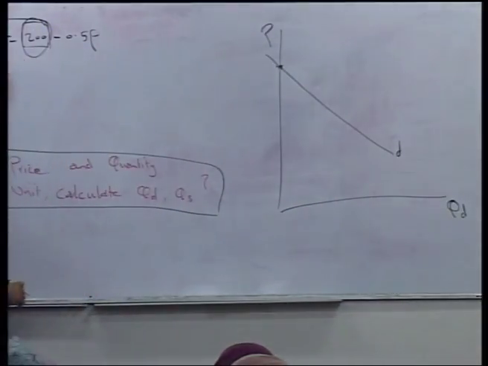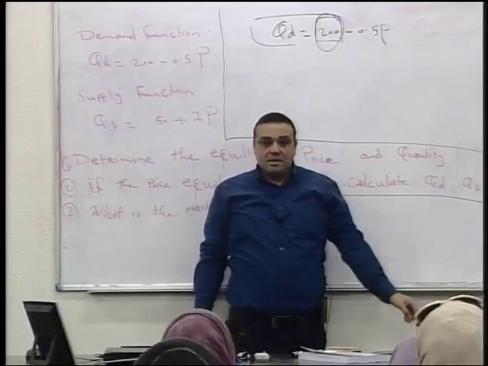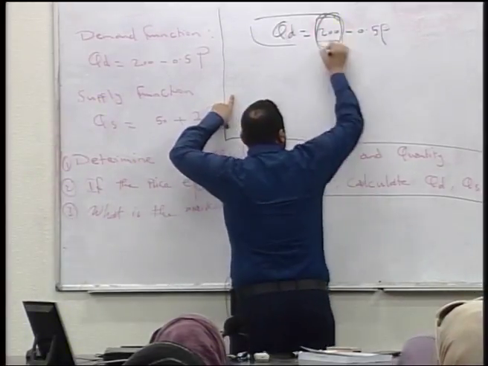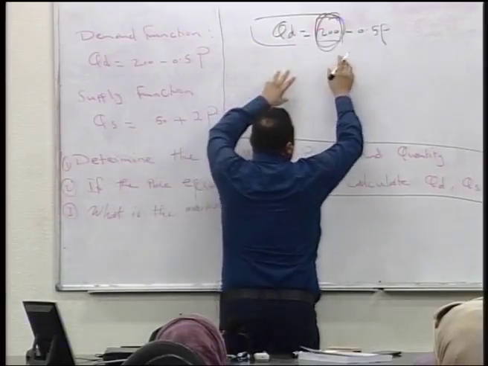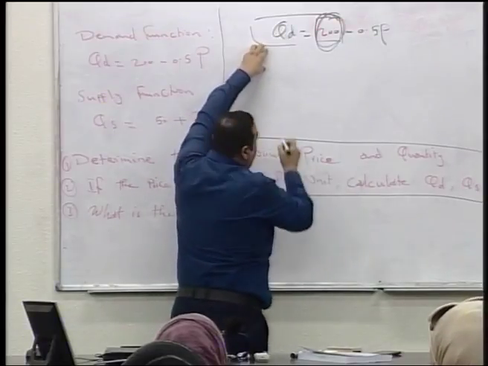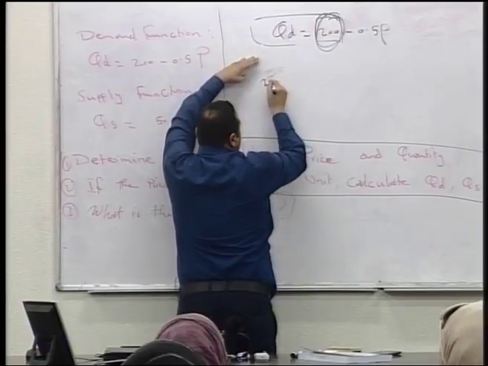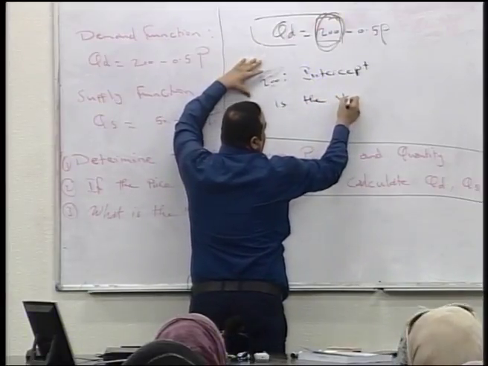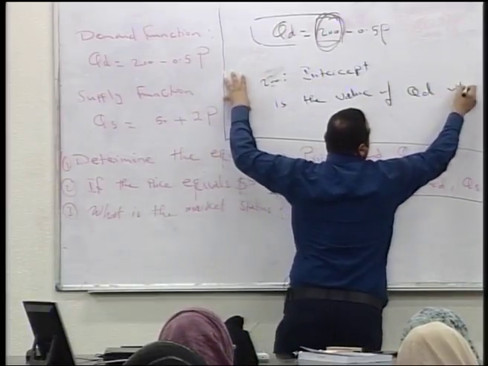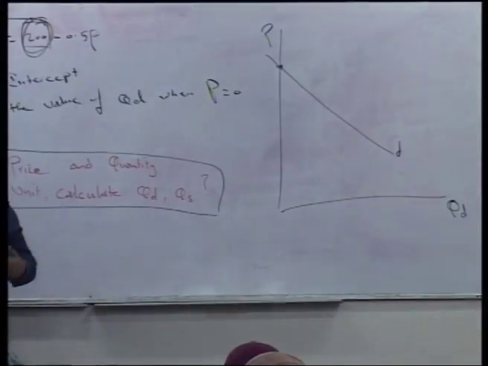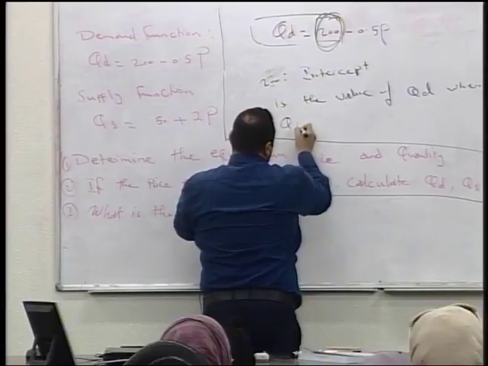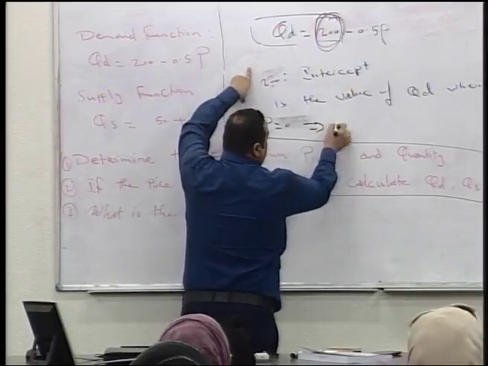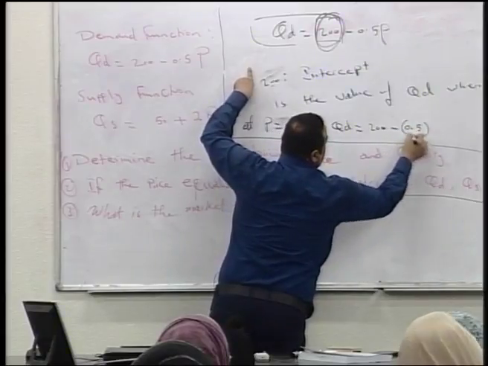It's the value of the quantity demanded when the price equals zero. عوض عن هذا، حط السعر بيساوي صفر. بقى قديش الناس بتشتري كميات؟ 200. يعني this 200 is the value of the quantity demanded when the price equals zero. إذن هنا هذا الانترسبت 200. هذا اسمه الانترسبت, the value of QD when price equals zero. لو هو بده يبيع البضاعة بصفر free، ليش بتكون QD؟ At price equals zero, QD بيساوي 200 ناقص نص times zero.